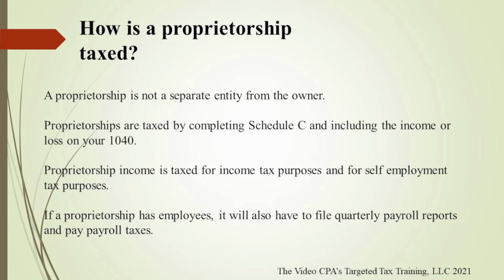And you'll also probably be paying state unemployment taxes and federal unemployment taxes. So a proprietorship, and it doesn't really matter with the entity, the payroll taxes are about the same with every entity that you've got, except with a proprietorship, the owners are not employees, so they're treated a little bit differently.